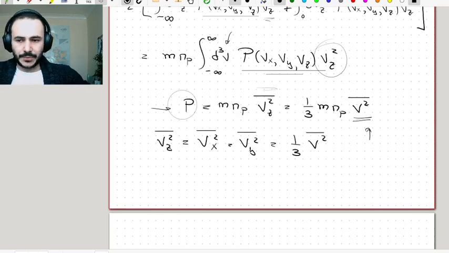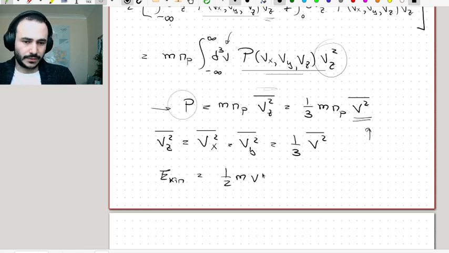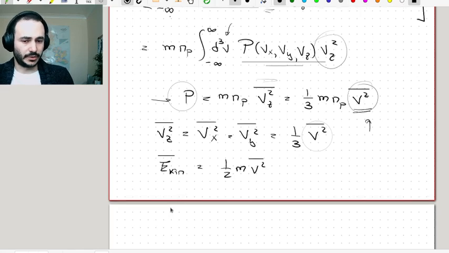Then you can also remember that the kinetic energy of a particle is equal to 1/2 of the mass times the modulus of the velocity squared, and if you take the average, that's what you get. Here you get 1/3 of the average of the velocity squared, but you can sneak into this expression for the pressure the average kinetic energy per molecule.